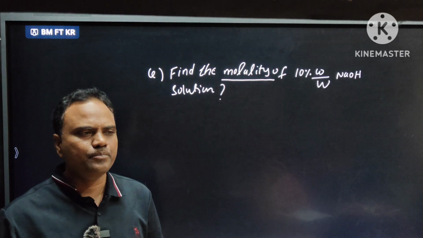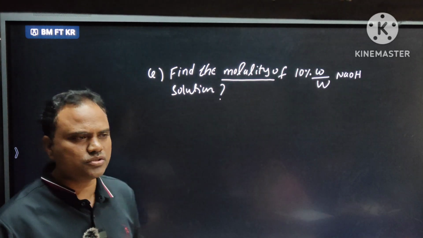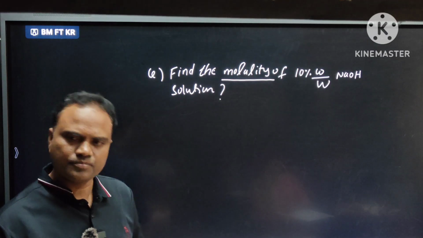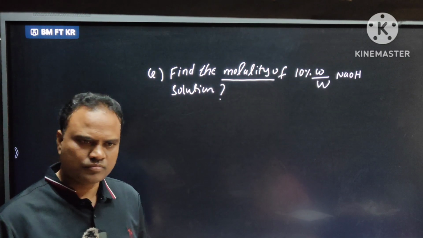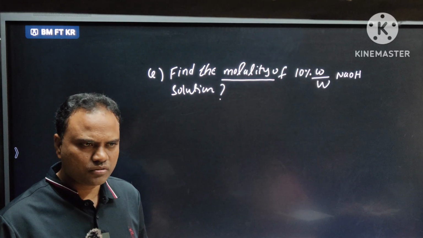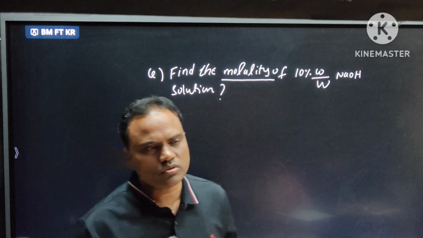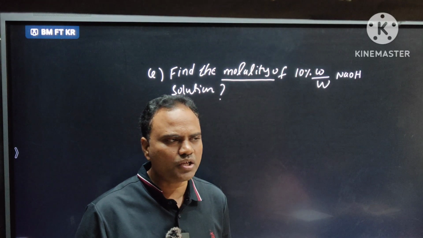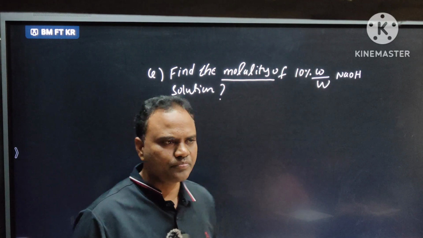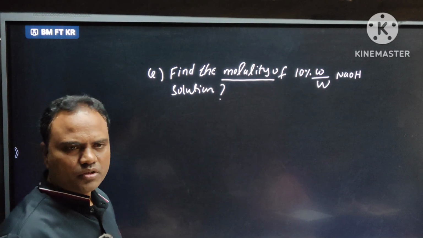You know the notations. What is the meaning of this notation? 10 grams of NaOH in 100 grams of solution. But to calculate molality, what do we require, weight of solvent or solution, according to the definition? Solvent. How to get the solvent weight? It is already given.